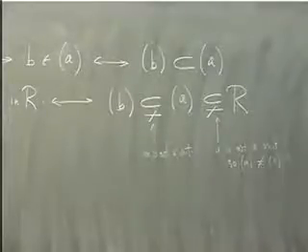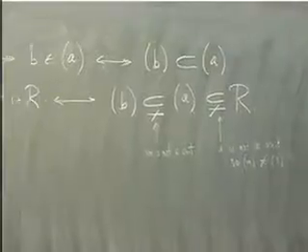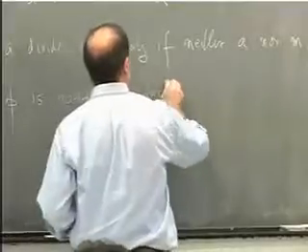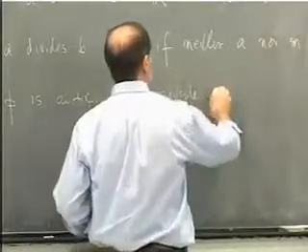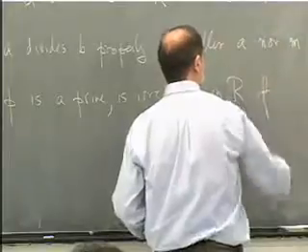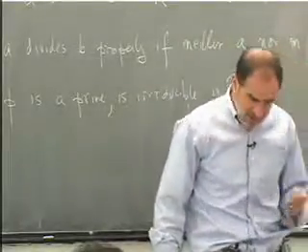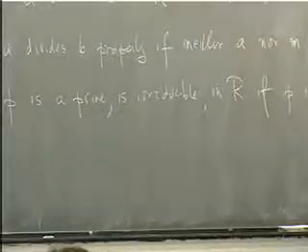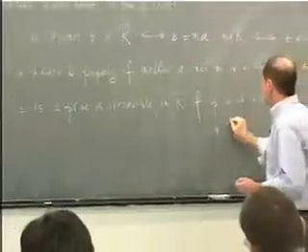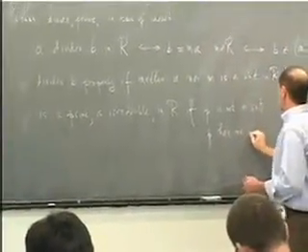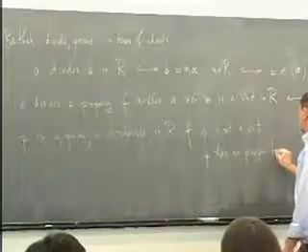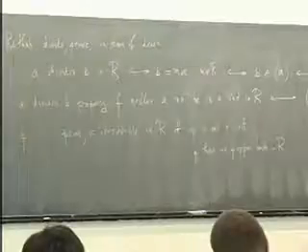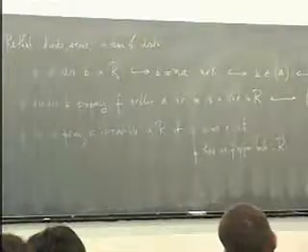And finally, we say that P is a prime, or sometimes it's said to be irreducible if you're talking about polynomials, in R, if it's not a unit and it has no proper factor in R. Well, that's our notion of a prime number. Now let's re-express that in terms of ideals.